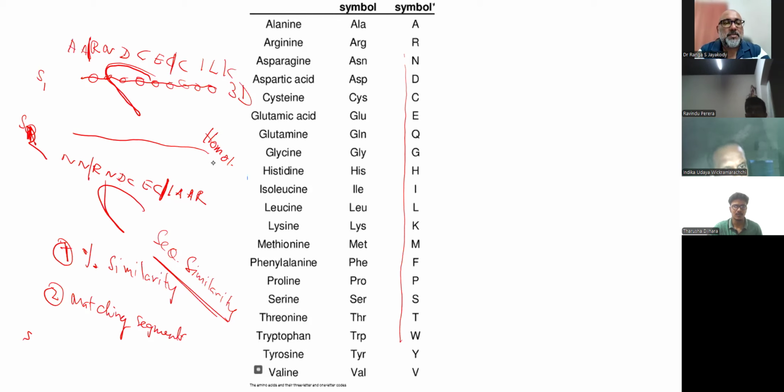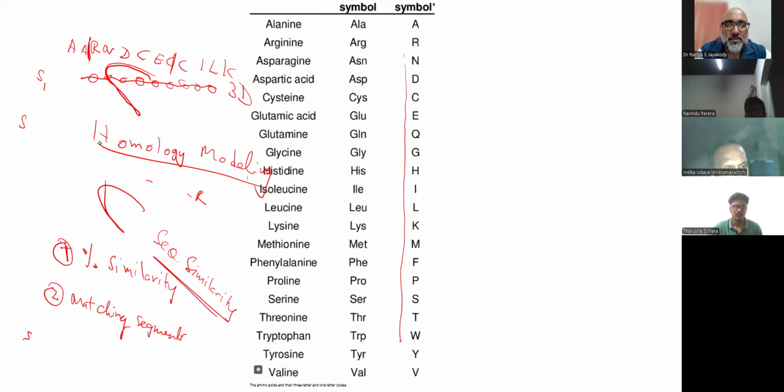Let me write it properly here. Homology modeling. Homology modeling of protein 3D structures, in which we use a known three-dimensional structure and its sequence, and that is called the template.